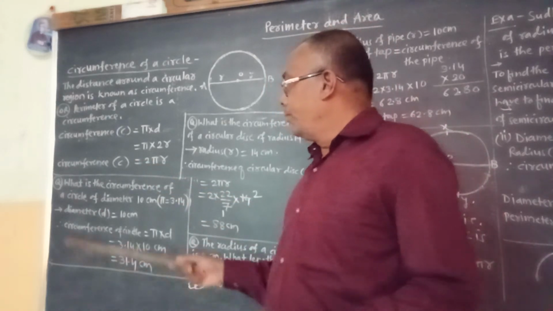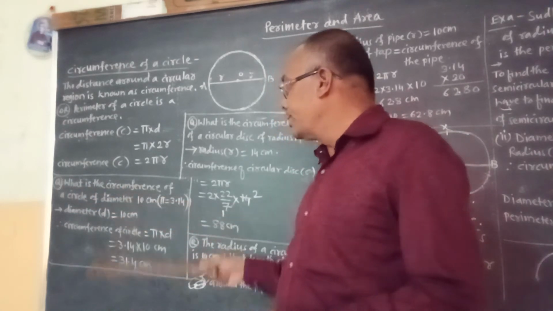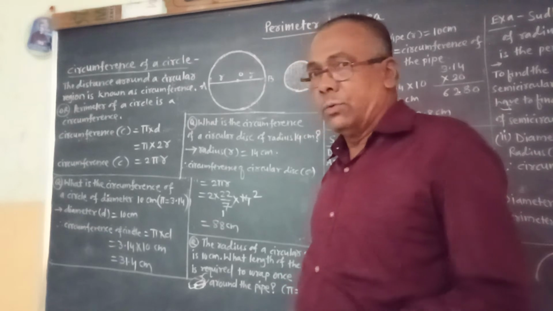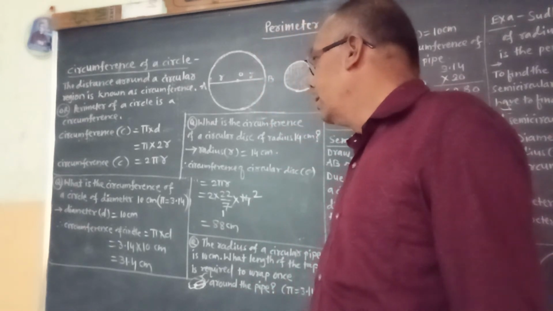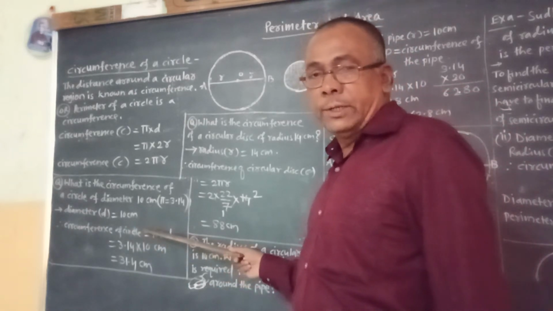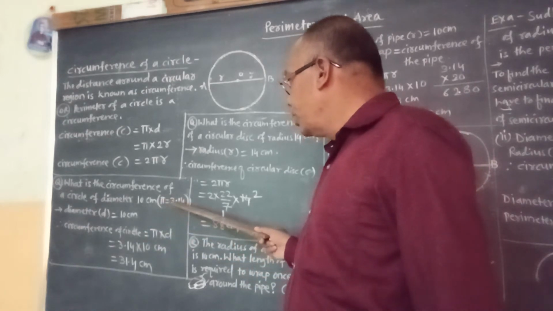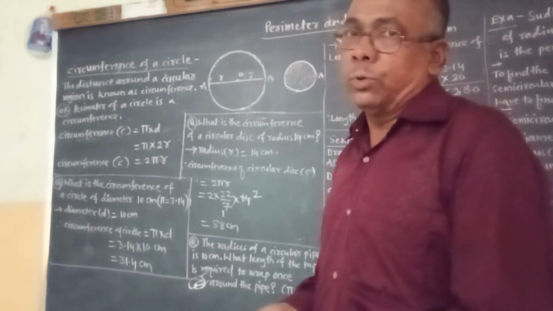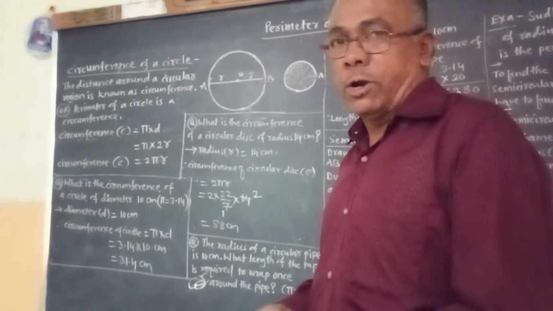Now we will see one example here. What is the circumference of a circle of diameter 10 centimeter, and it is given that pi is equal to 3.14. Means we have to take the value of pi 3.14.